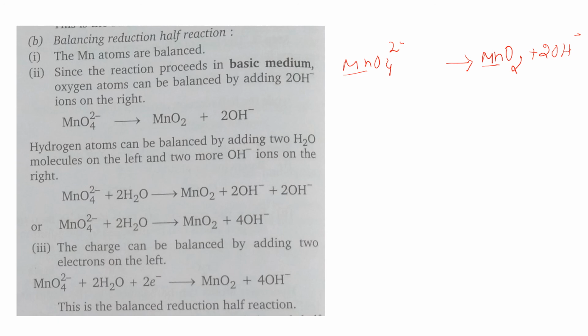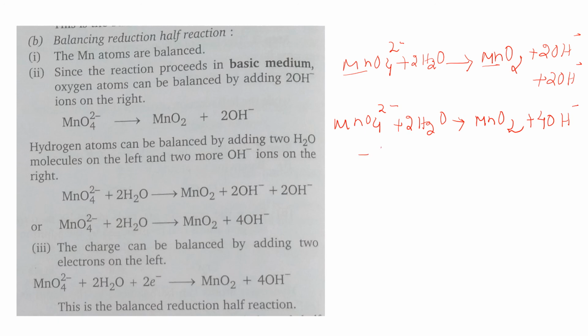Now, as I have added 2 OH minus, 2 hydrogen atoms are extra in the right hand side. So, in the left hand side, I have to add 2 H2O. As I have added 2 H2O in the left hand side, again I have to add 2 OH minus in the right hand side. So total what I am getting: MnO4 2 minus plus 2H2O giving you MnO2 plus 4OH minus.